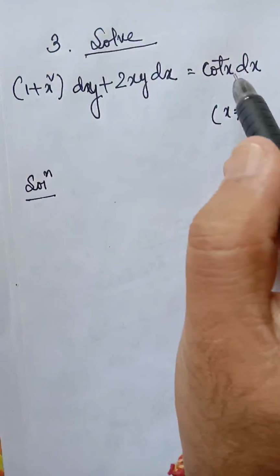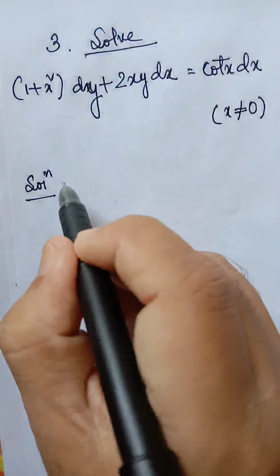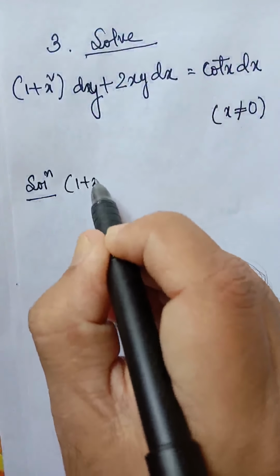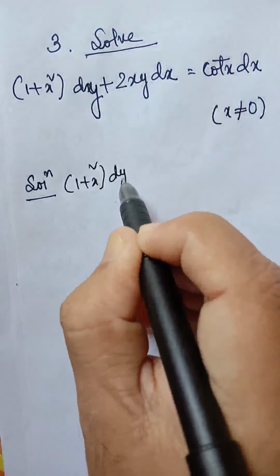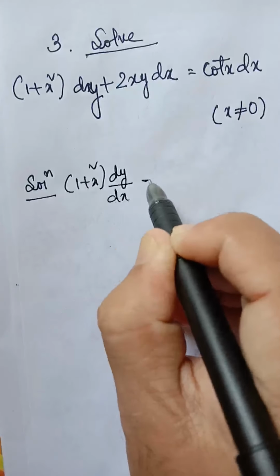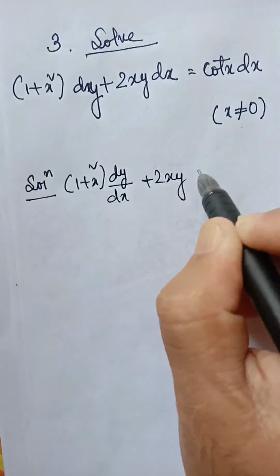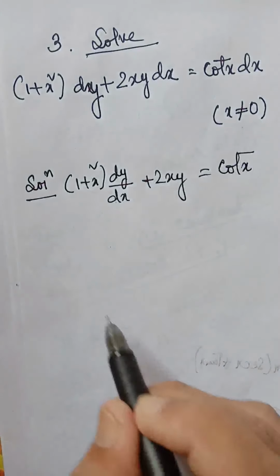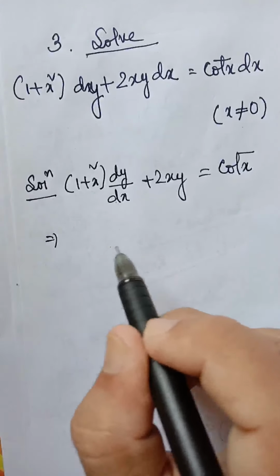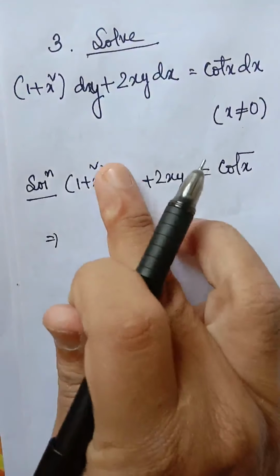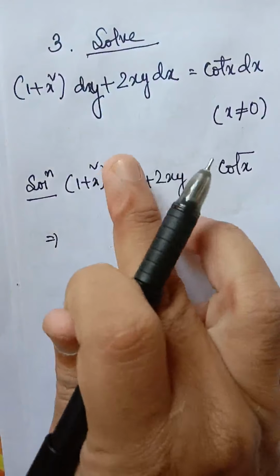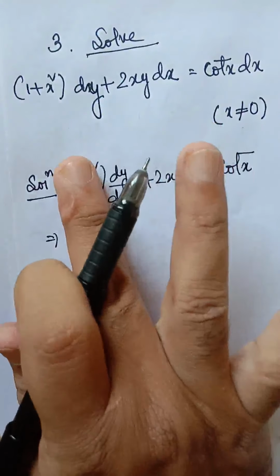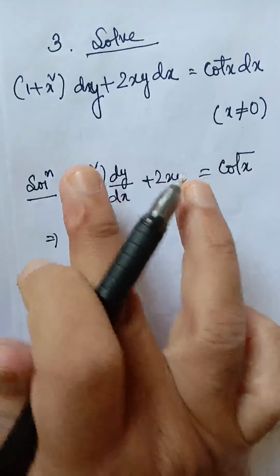Our first step will be, we will divide both the sides by dx. So this will become (1 plus x square) dy/dx plus 2xy is equal to cot x. This is the first part. Next, as a linear differential equation is of the form dy/dx plus Py, there is no coefficient of dy/dx, so we will divide both the sides by 1 plus x square.